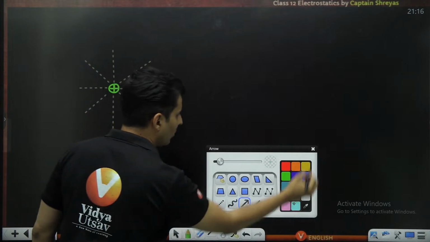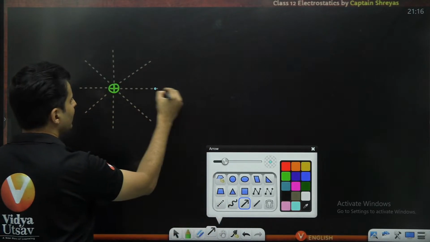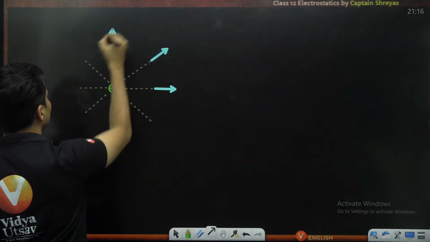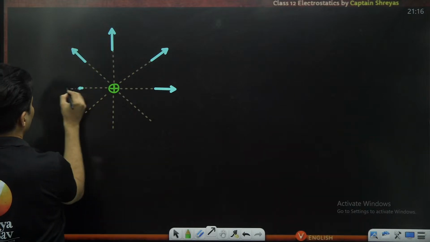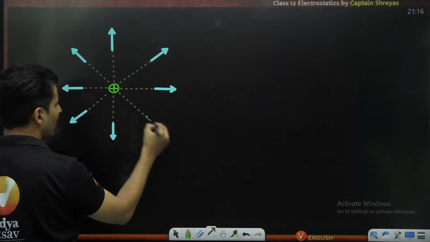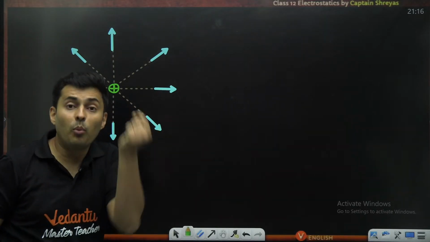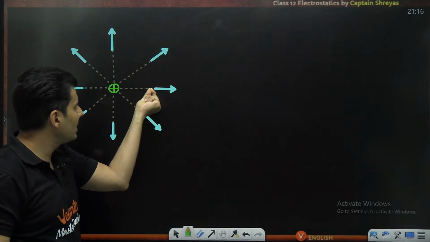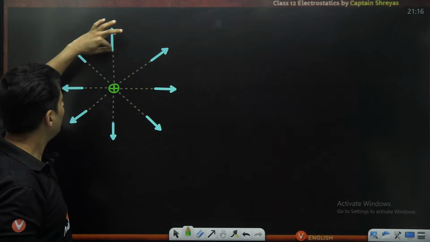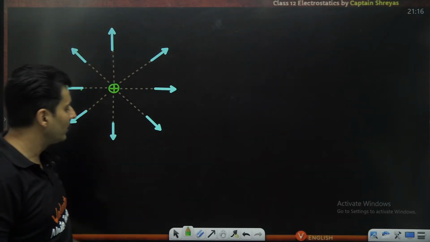So everywhere over here, I will get some value of the electric field, like this, like this, like this. Why is it outwards? Because for electric field, you always test it with a positive charge. So if I put a positive charge here, it will repel. Positive here, repel. Positive here, repel. So that's why it is outward.